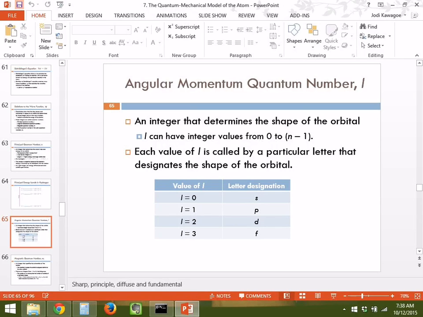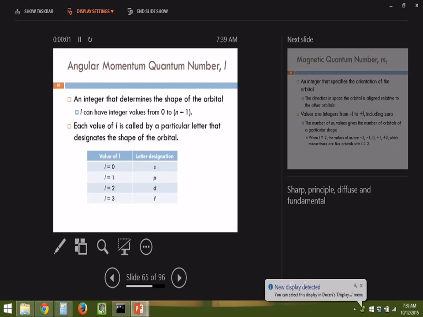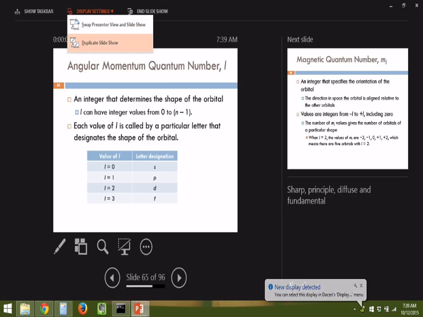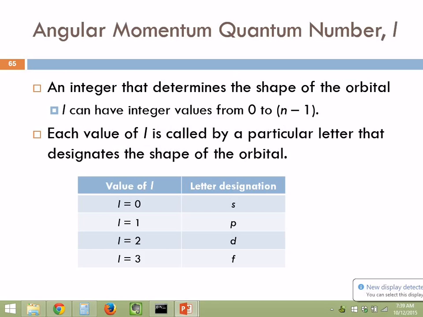S is sharp, and P is principal, and D is diffuse, and F is fundamental. I actually looked those up last night because I was always forgetting what F was. Now I've forgotten what. The first one was sharp, principal, diffuse, and fundamental.